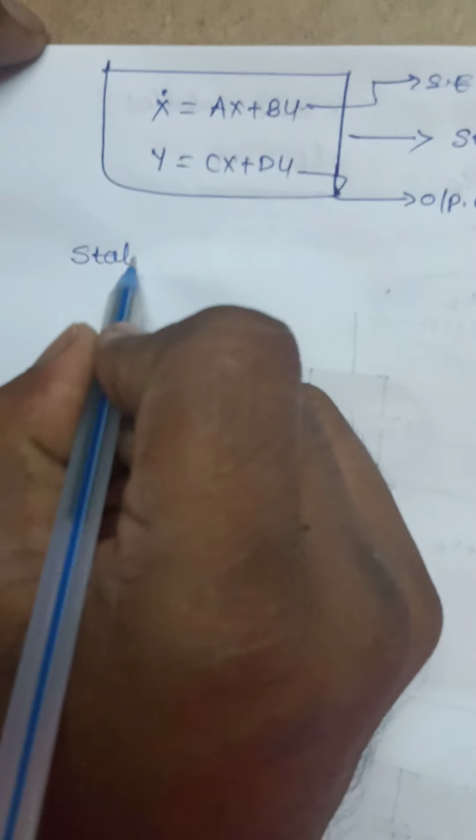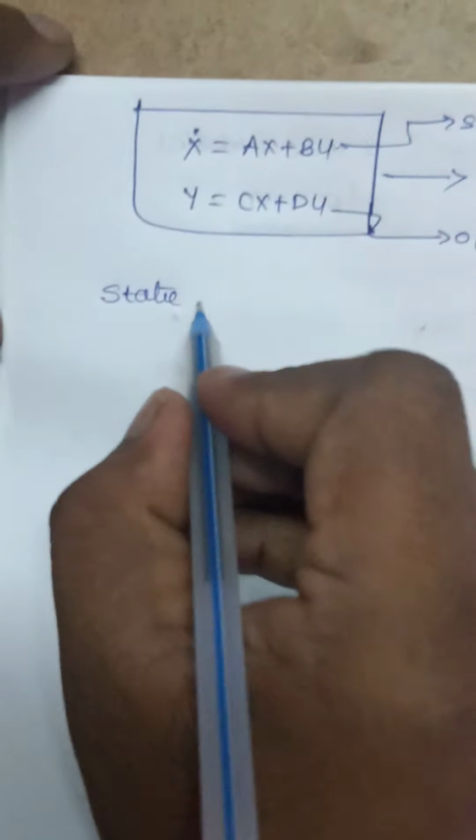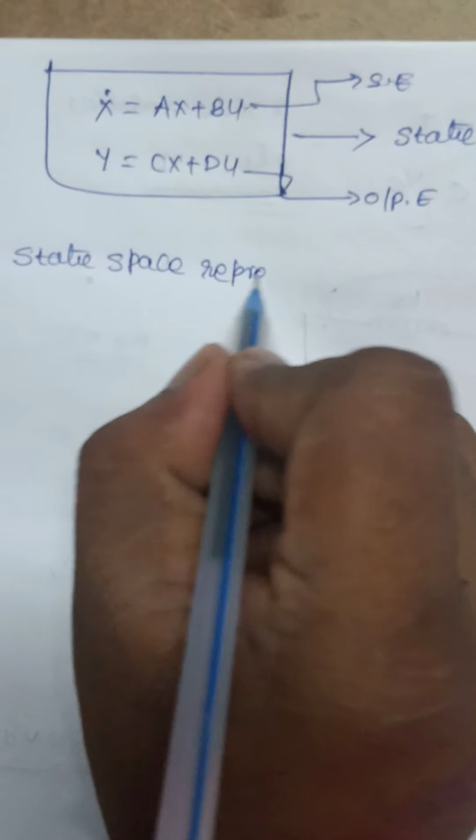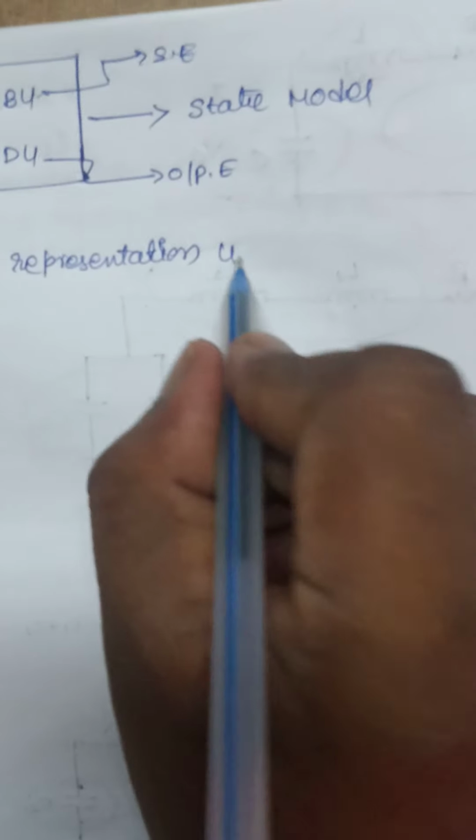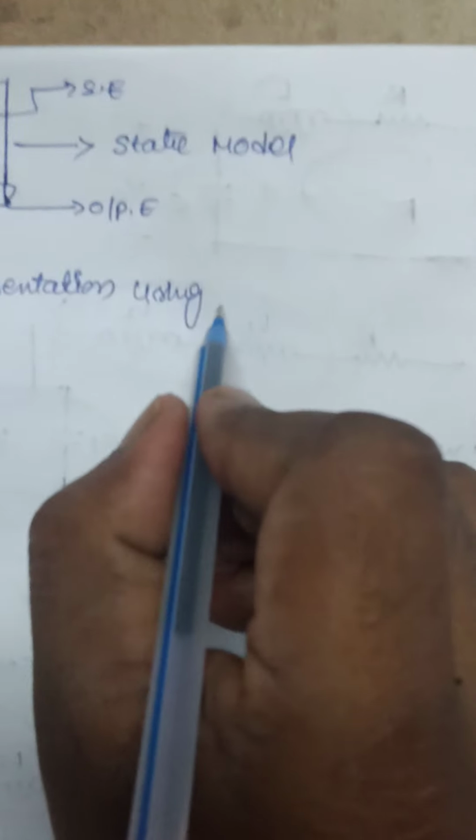Now the second part is state space representation using physical variables.